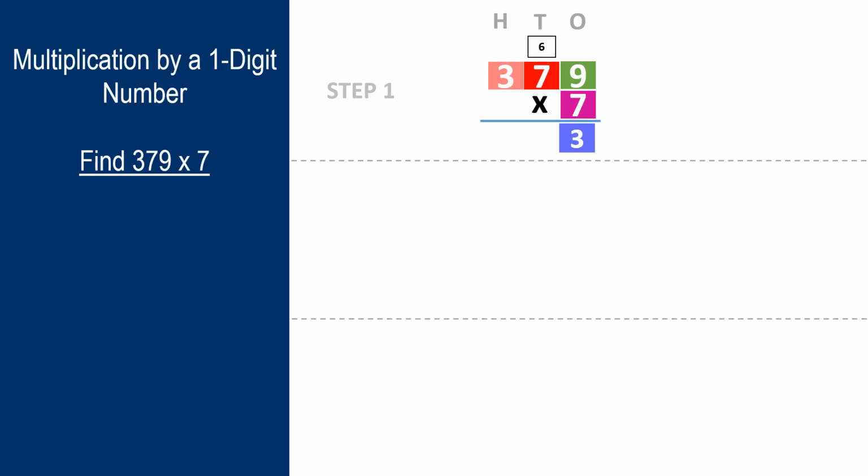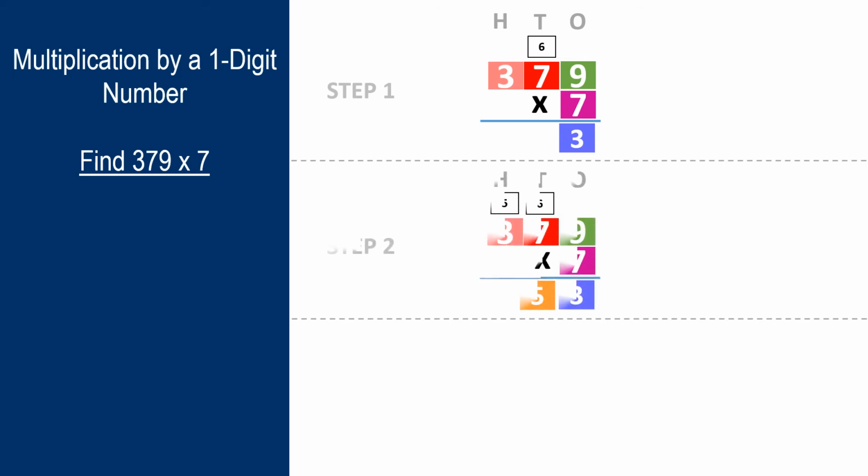Very nice, beta ji. Let's go to second step. Now we have already done the multiplication at ones place. Now we will multiply the tens place. So which number is there on the tens place? 7. 7 multiply by 7. Or we can say 7 sevens are 49.